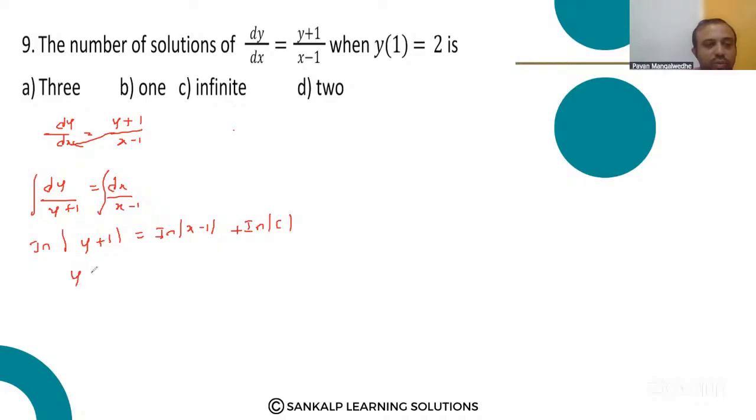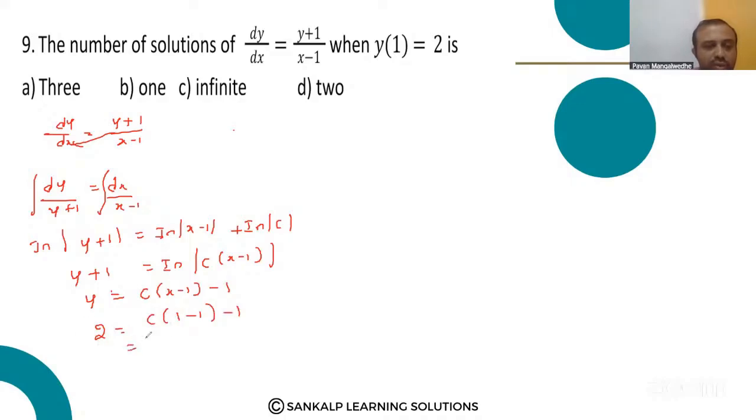So it is y plus 1 is equal to c of x minus 1, then y is equal to c of x minus 1 minus 1 on transposing 1 to the other side. So apply the initial condition. So it is y of 1 is equal to 2. That is 2 is equal to c of 1 minus 1 minus 1.